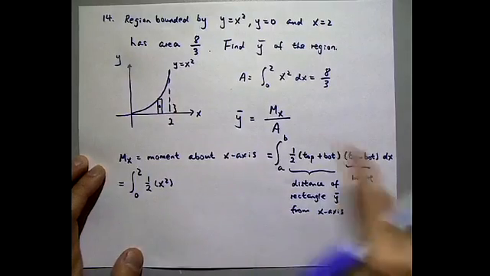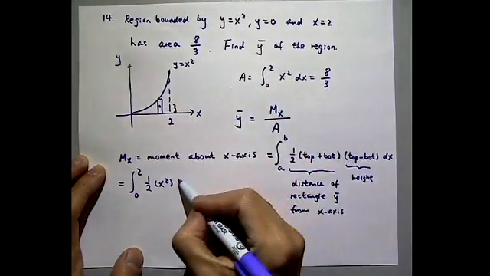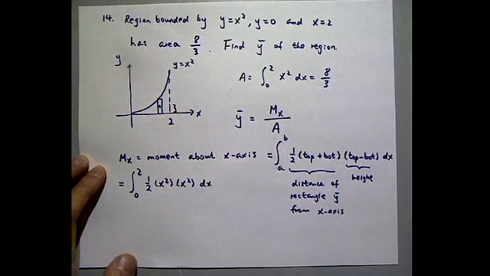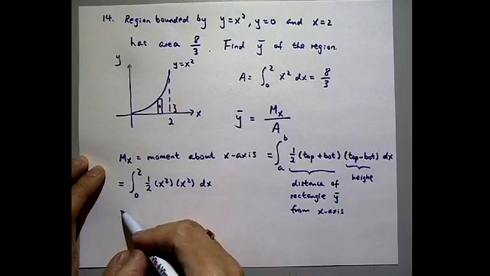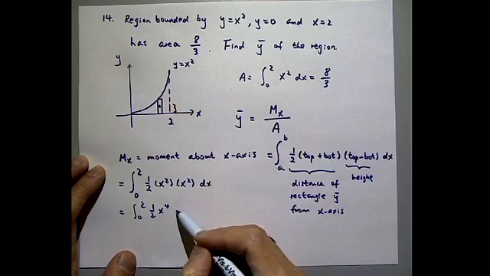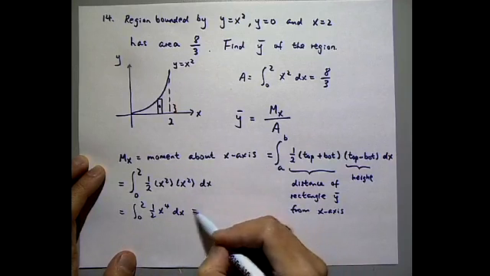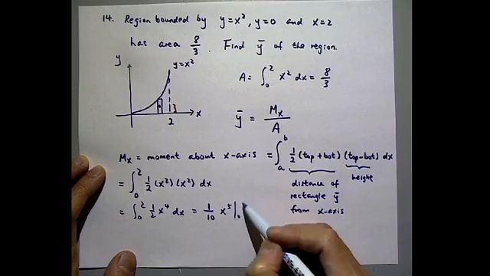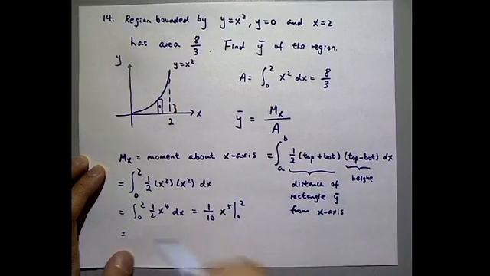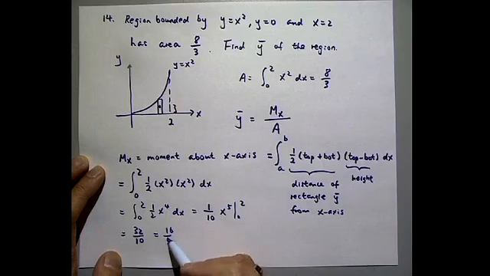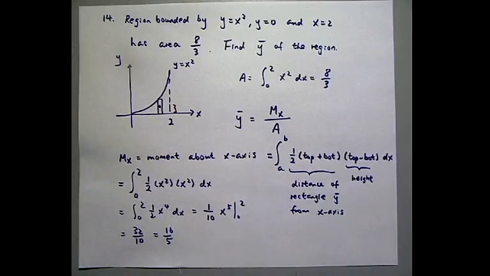Top minus bottom, x squared minus 0, happens to be the same thing, dx. So trivial integration. 32/10, or 16/5, right?